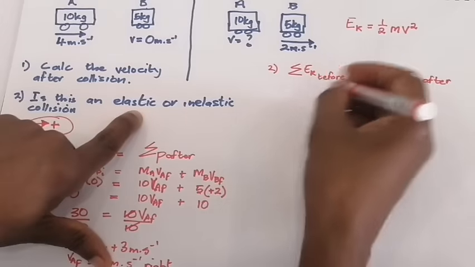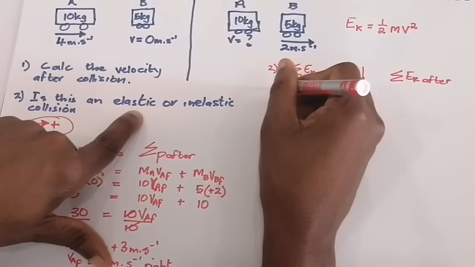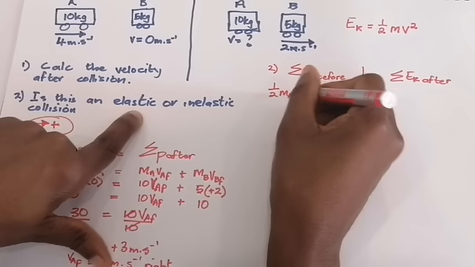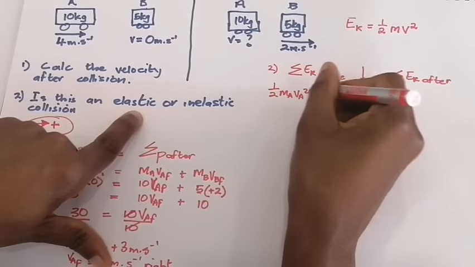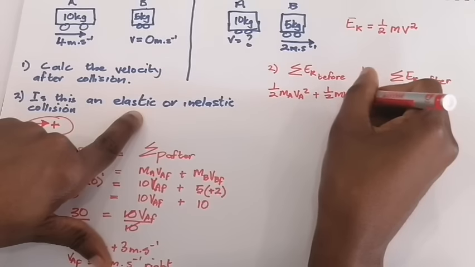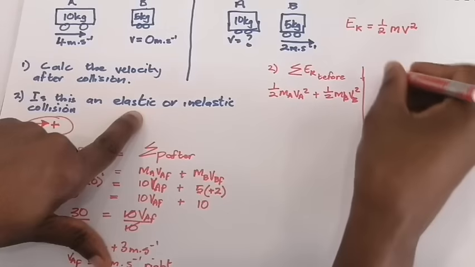So let's take the kinetic energy of A. We're going to say half m_a v_a squared plus half m_b v_b squared. Please don't forget that square.